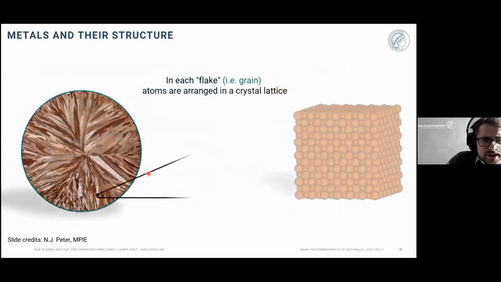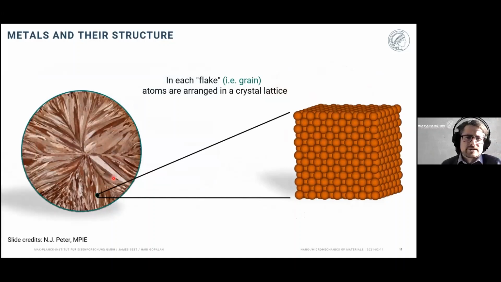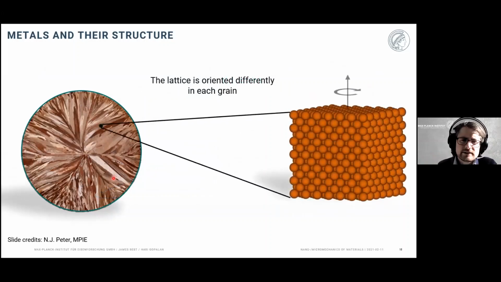If you look at a specific region, so one of these grains in the polycrystalline copper, and we zoomed in with a transmission electron microscope, what we would see is that the crystal lattice is oriented in a particular way. If we then went to a different grain and did the same thing, we would see some difference in the orientation of the atomic structure.